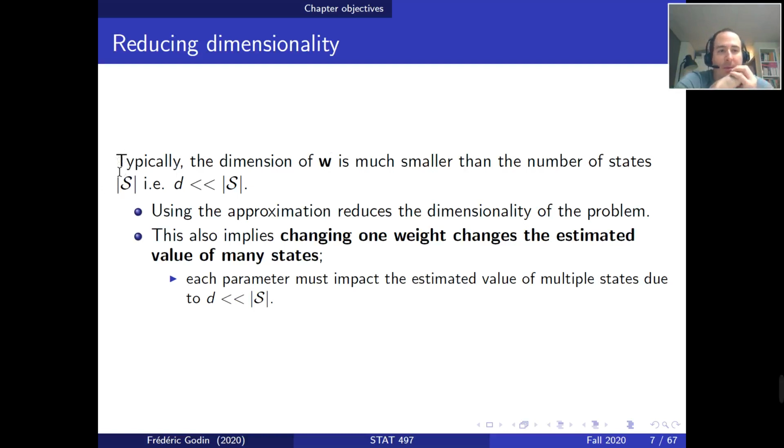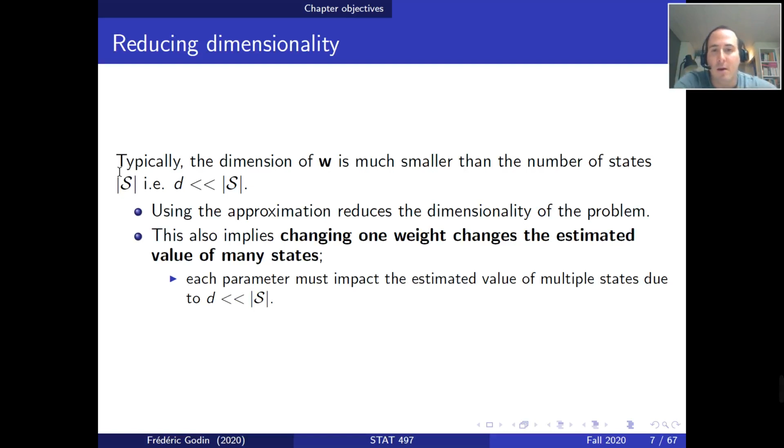Okay, so if you have 10 to the power 10 states, your parametric approximation of the value function shall not have the same number of parameters. Otherwise, we would still have the same problem where we have too many parameters. And so you can think maybe W has 1,000 parameters, or maybe 10,000, or maybe 10.